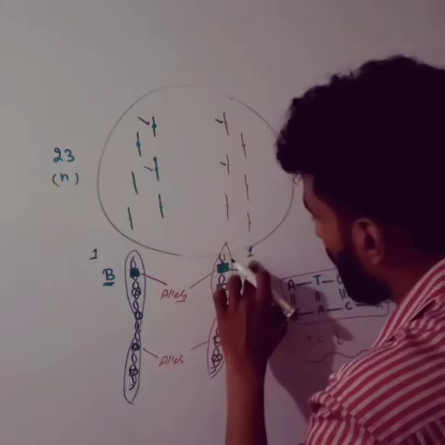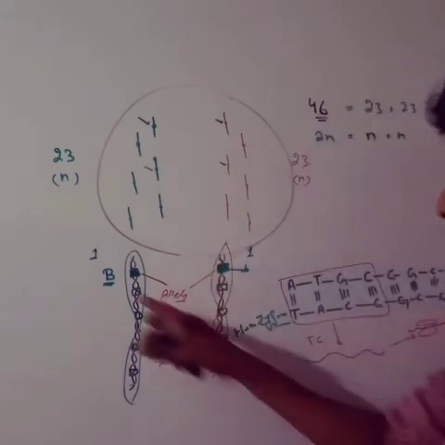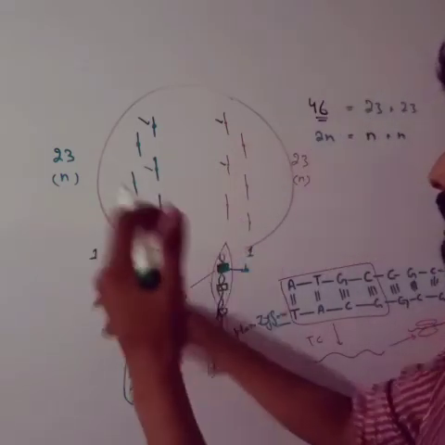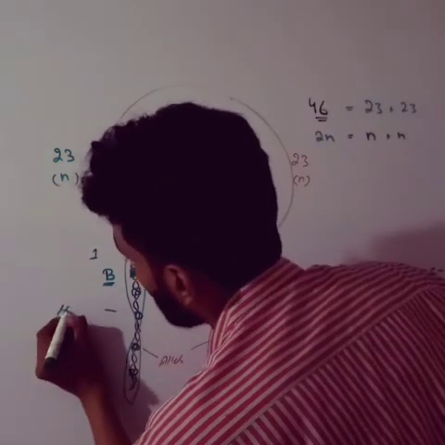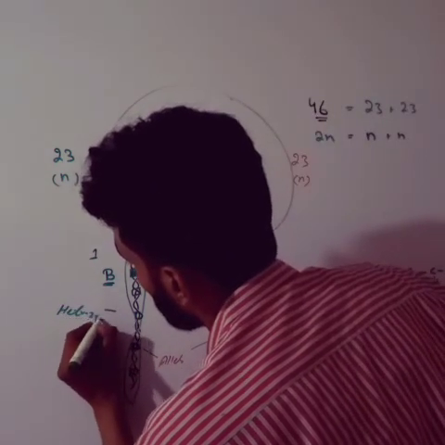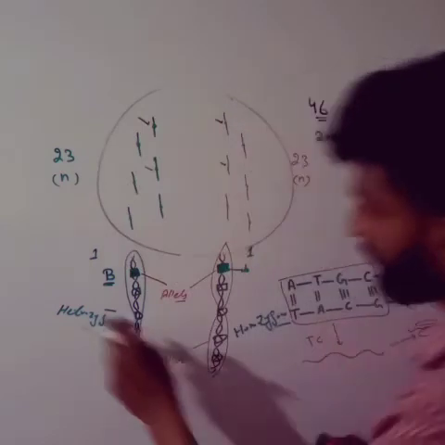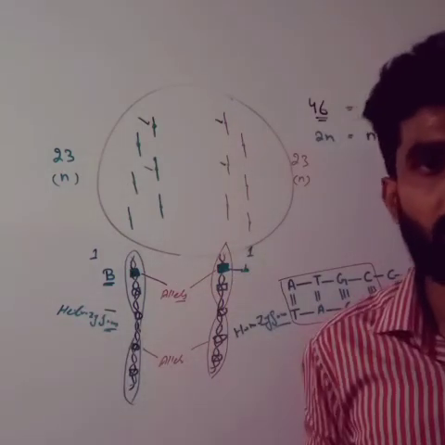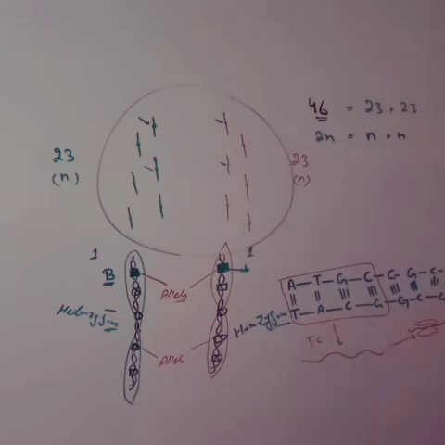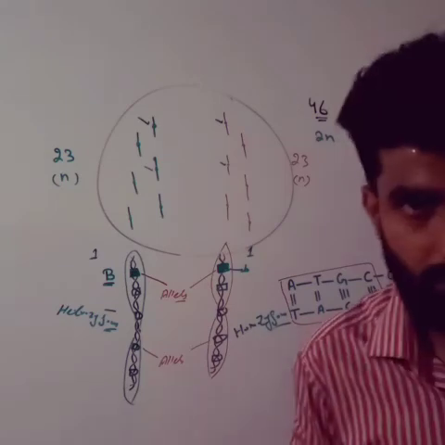If the genes are different, for example this gene codes for brown color and this gene codes for blue color, the organism will be heterozygous. So heterozygous and homozygous. I think now you are very clear about what homologous chromosomes are, what genes are, what alleles are, and what heterozygous and homozygous organisms are.